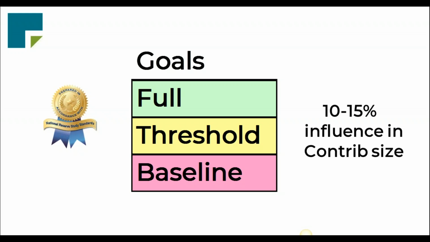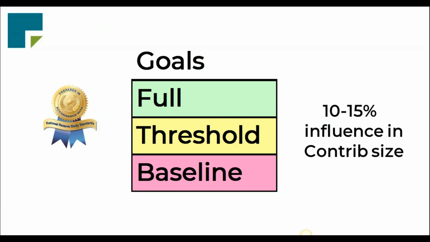On the screen, you see the 3 funding goals found in National Reserve Study Standards: full, threshold, and baseline. Full means your association is pursuing the goal to be 100% fully funded. Baseline means a goal just to stay technically cash positive, and threshold is an arbitrary choice somewhere in between.